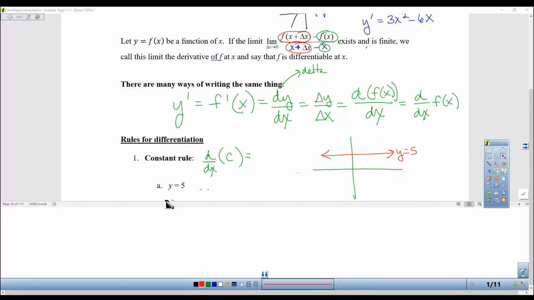The slope, y prime, is going to be 0. So the rule is that the derivative of a constant is 0. This dx on the bottom means with respect to. So eventually, we are in single variable calculus. Eventually, you'll be in multivariable calculus, and then you'll get a lot more complicated. But we're just going to work with respect to x for right now.